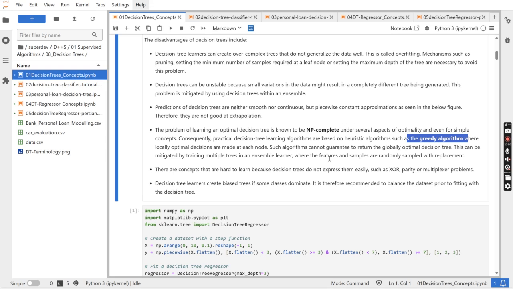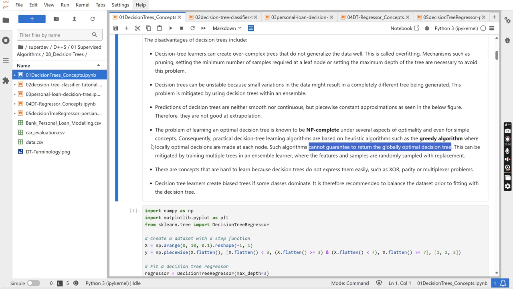But greedy algorithms don't guarantee the globally optimal decision tree.